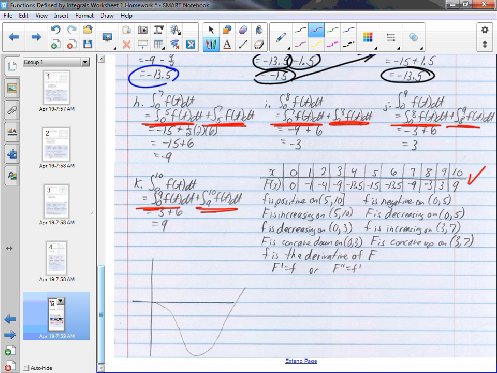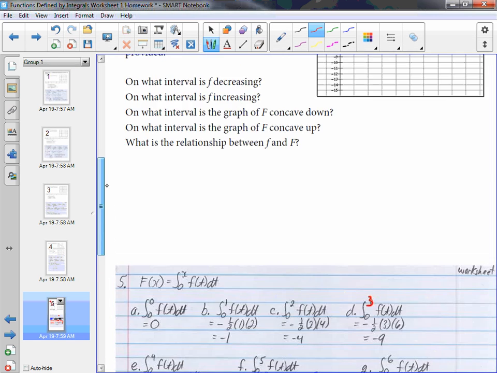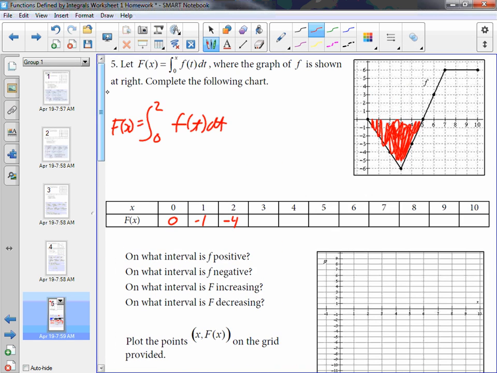So to the right of 5, well, where was it negative from 0? Where is capital F? By looking at the chart, capital F is increasing. The smallest it got was negative 15, then it started picking up. So it's increasing from 5 to 10. If you notice, from 0 to 5, it kept getting smaller. Didn't we say that little f was the derivative of big F?